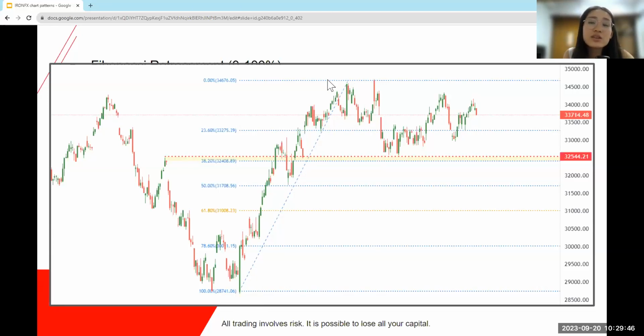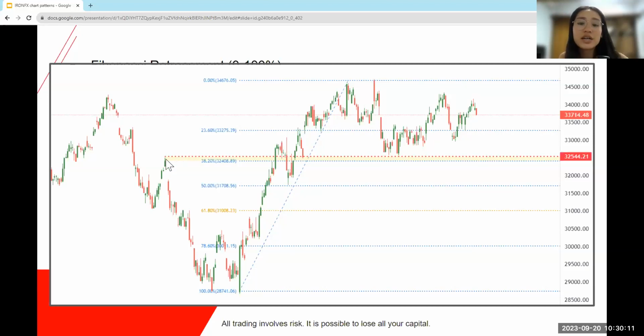Now I'm seeing once again where my price has retraced to, and I can see my price retraced to the 38.2 level. So I highlighted this level because this dotted line at 32544 is at this retracement level, but you can see that price also pulls back all the way to this level here, this swing high.